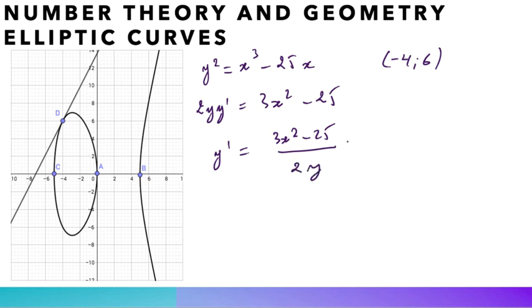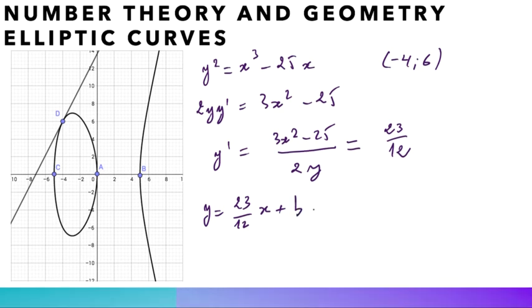If you do the math with x equal to minus 4 and y equal to 6, one finds 23 divided by 12. This means that our tangent line has an equation of the form y equals (23 divided by 12)x plus a certain number b. After easy computation, one finds that the equation is y equals (23 divided by 12)x plus 41 divided by 3.